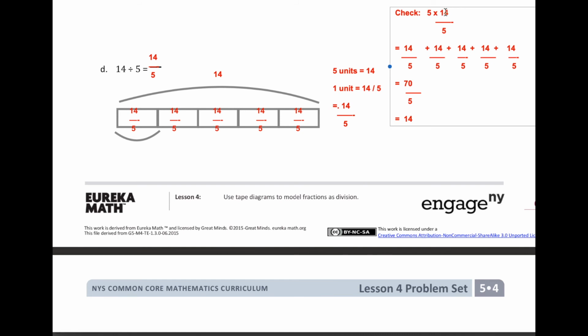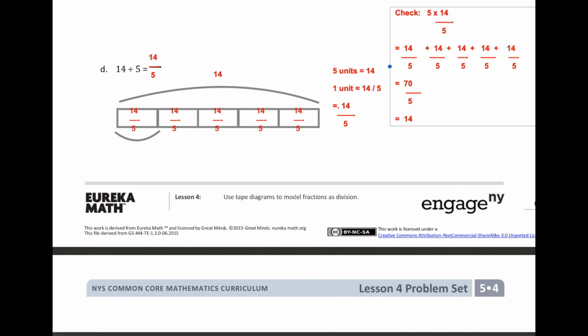Okay, so I'm going to add 14 fifths how many times? 5 times. So 14 fifths plus 14 fifths plus 14 fifths plus 14 fifths plus 14 fifths. This should be 5 times. 1, 2, 3, 4, 5. So all these top 14s would equal 70, and the denominator does not change, it stays the same. So I end up with 70 fifths.